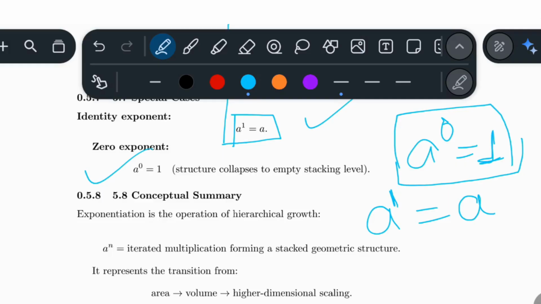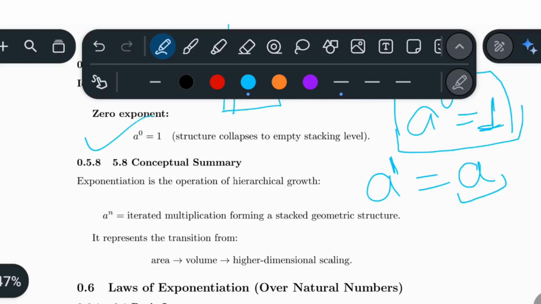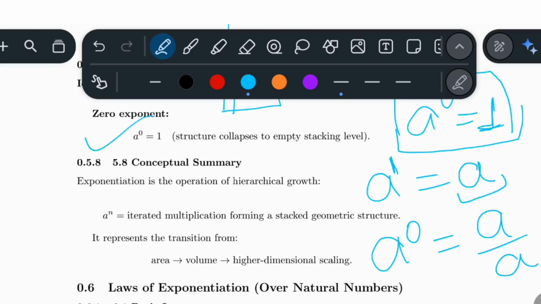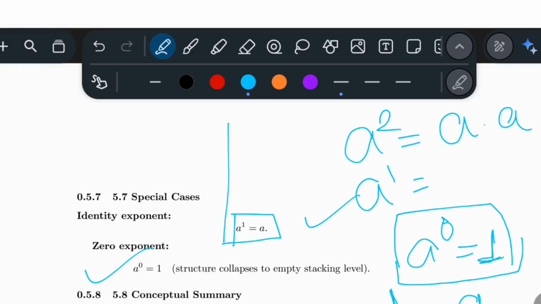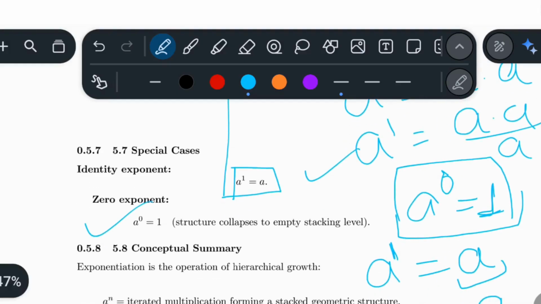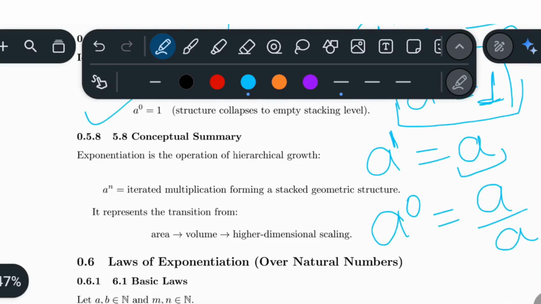So when you remove this, what does a to the power 0 represent? Let's see. a squared represents a times a. a to the power 1 represents a times a divided by a. So you are just excluding one a from that, and in that way you get this equal to 1.